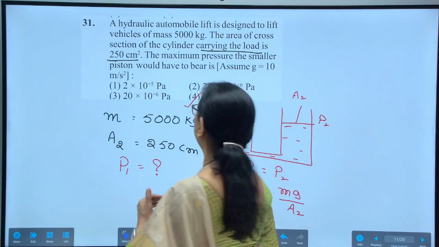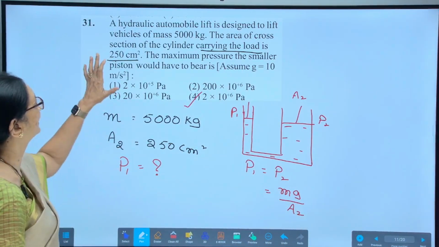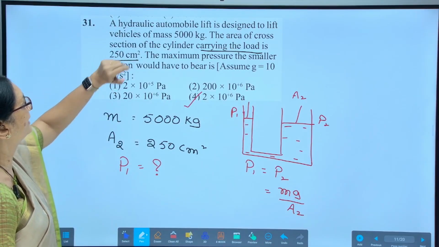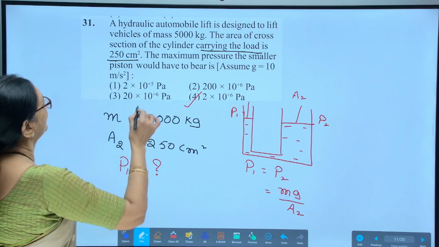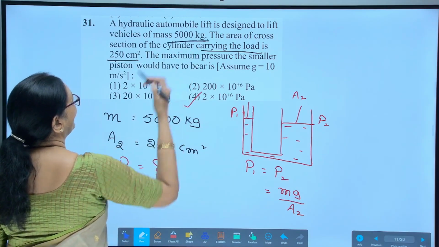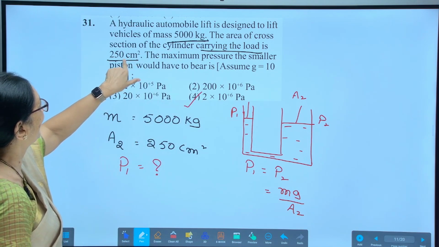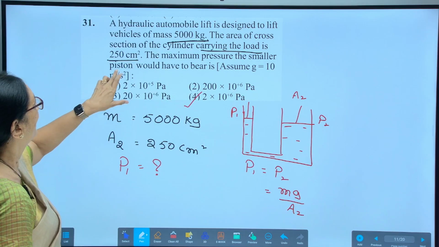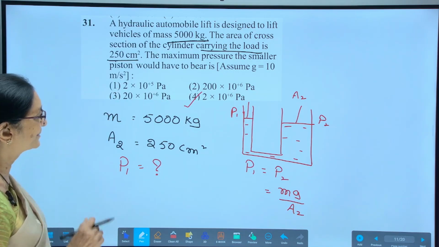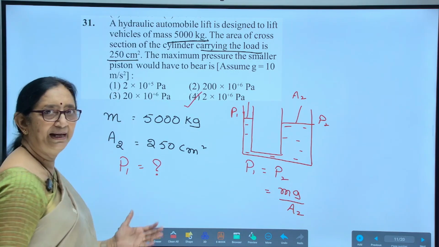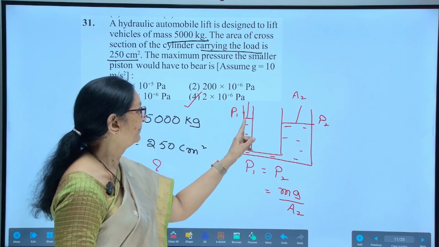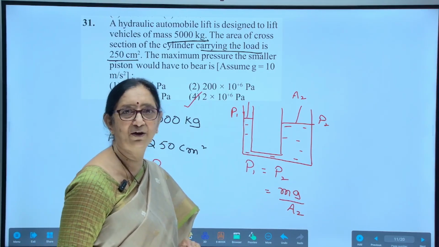Look here, again hydraulic pressure pump. So, a hydraulic automobile lift is designed to lift vehicle of mass 5000 kg. Area of cross section of the cylinder carrying the load is 250, maximum pressure on the smaller. So, here again from Pascal's law, pressures at these two levels are equal.